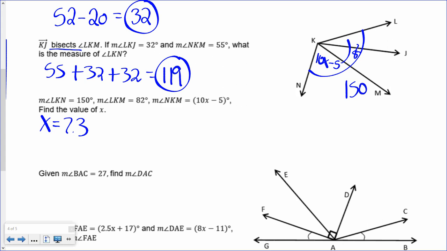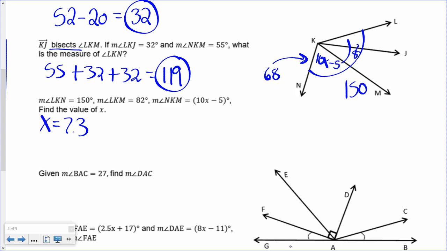There are a couple different ways you can do this. I subtracted 150 and 82, and then I did 10x minus 5 equals 68. Okay, so you knew that x was only pertaining to this angle right here. You said the whole thing is 150, and the part that we don't want is 82. So you can check: 150 minus 82 gives you 68.